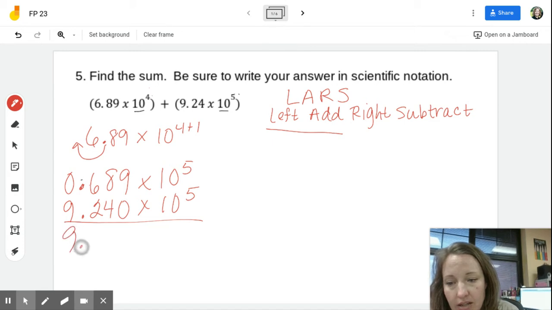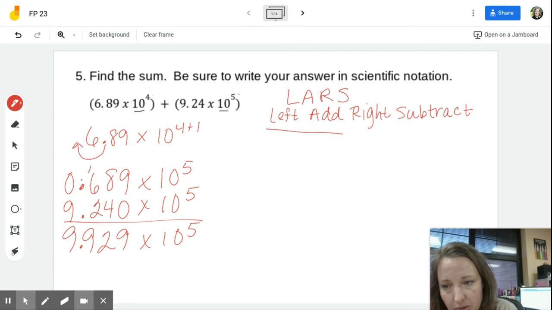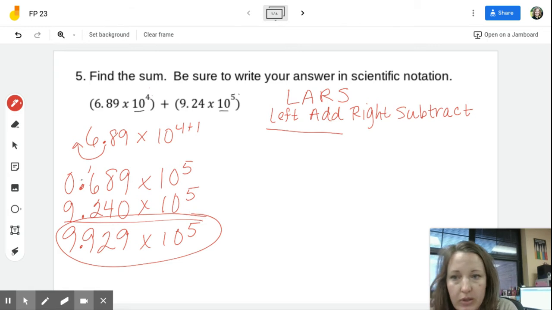So 9.929 times 10 to the 5th power. So that is going to be my answer for number 5. Notice I added them only after I had common exponents.